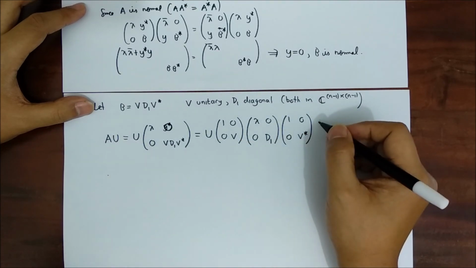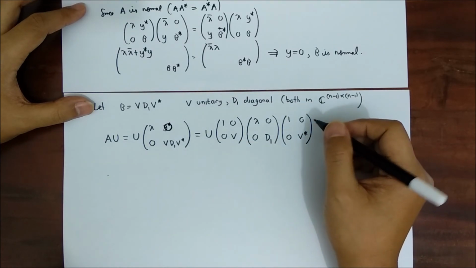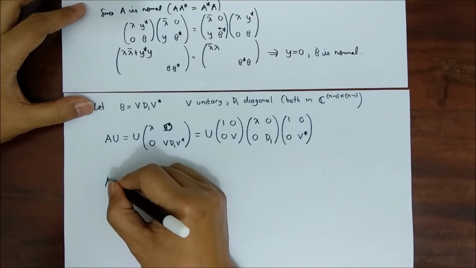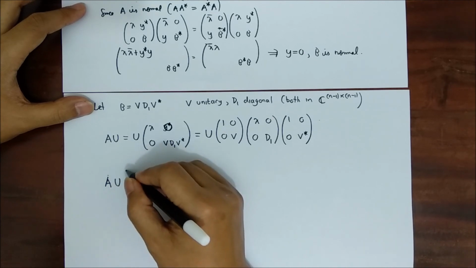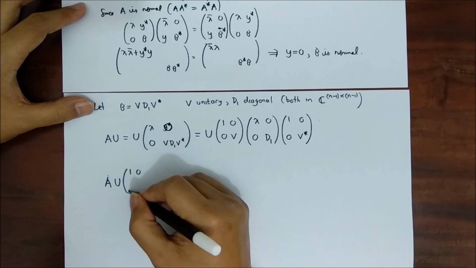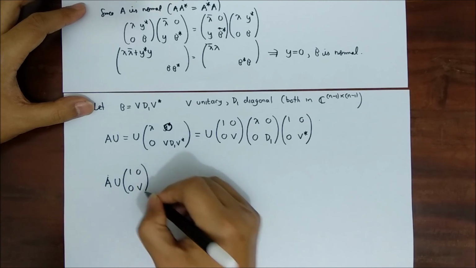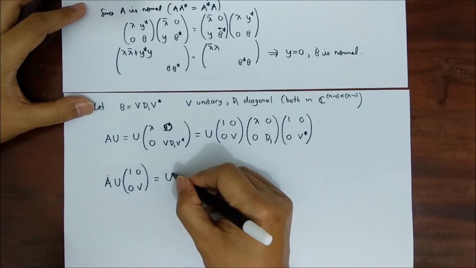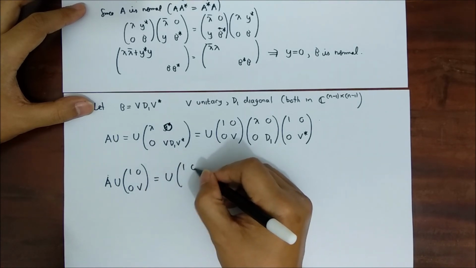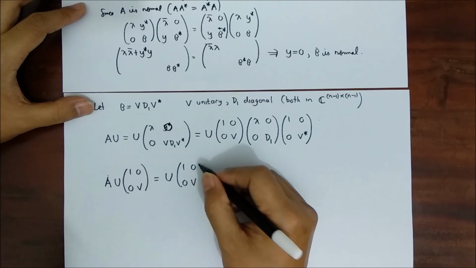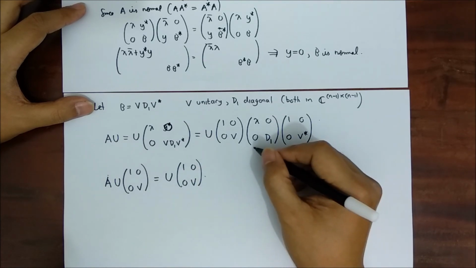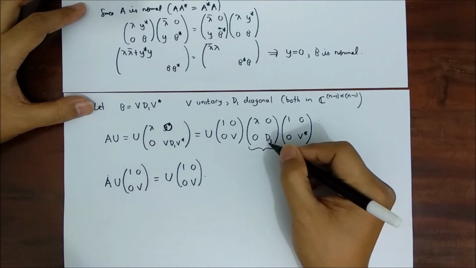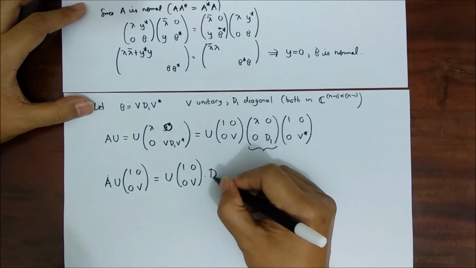Or if we multiply with the inverse of this, we have A U (1, 0; 0, V) is equal to U (1, 0; 0, V) times this, which is our diagonal matrix.